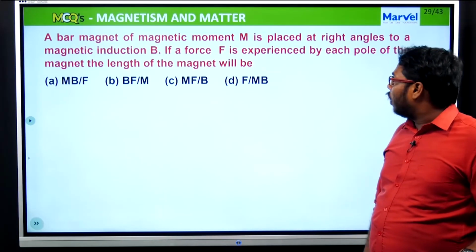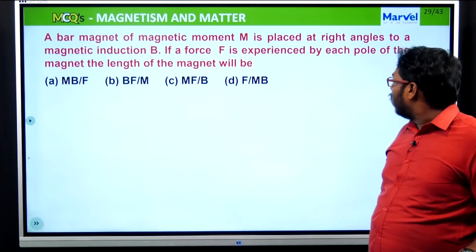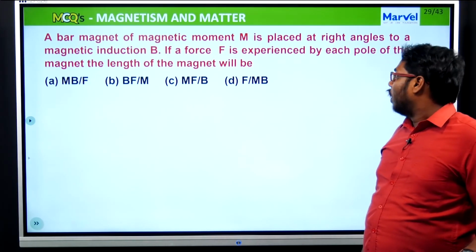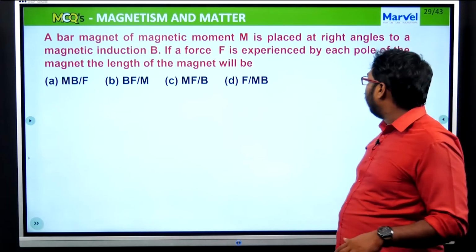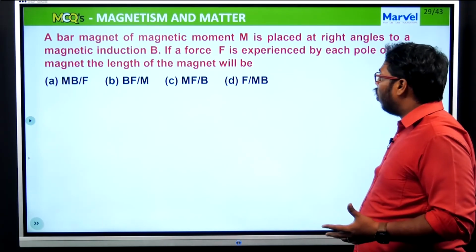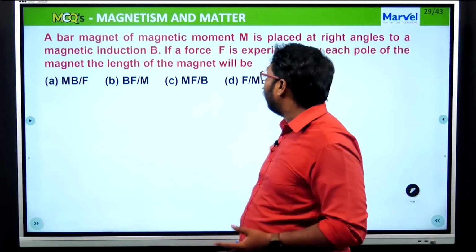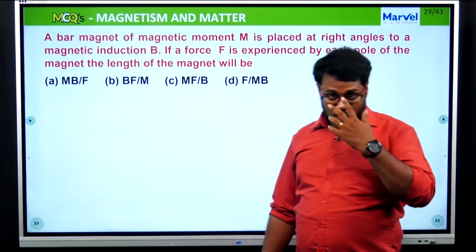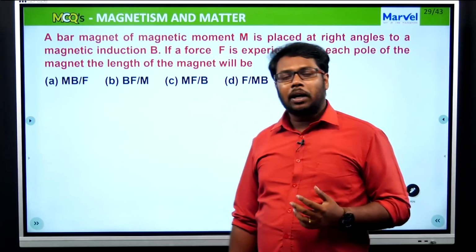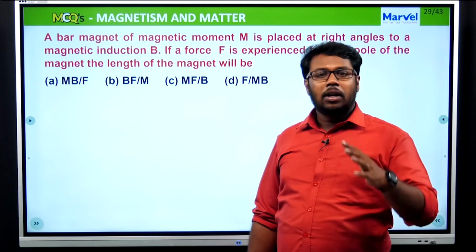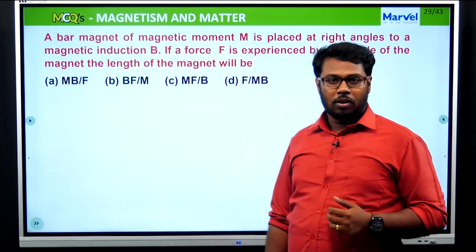A bar magnet of magnetic moment capital M is placed at right angle to a magnetic induction B. If a force F is experienced by each pole of the magnet, then what will be the length of the magnet? Whenever a magnet is placed in an external magnetic field, we already know that it is going to experience a torque, right?